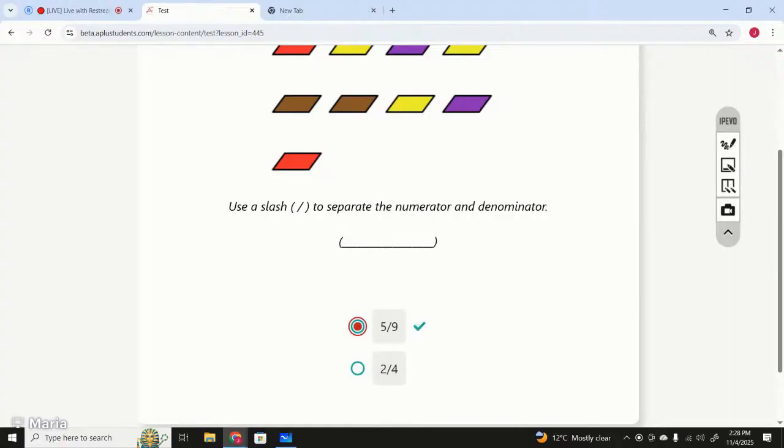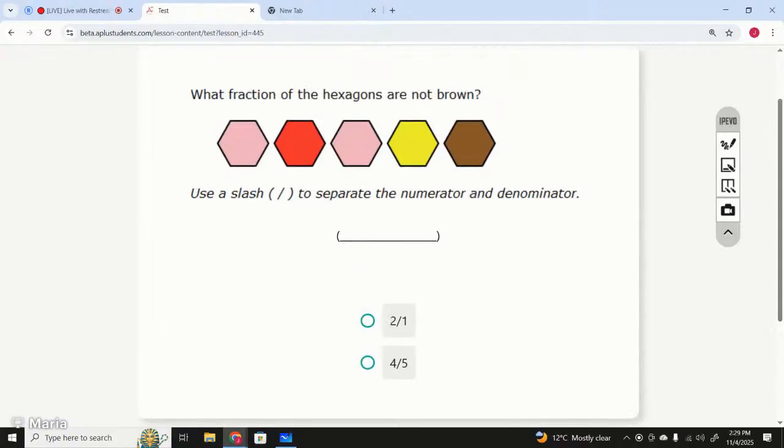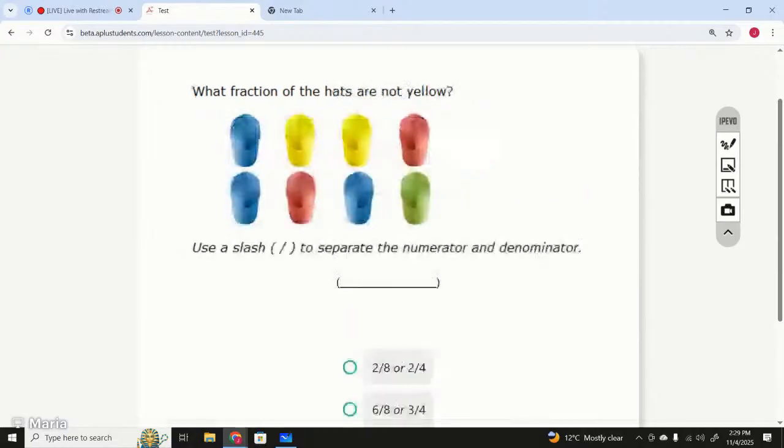Option number 1 is the correct option. What fraction of the hexagons are not brown? 4 out of 5 are not brown. Option number 2 is the correct option.